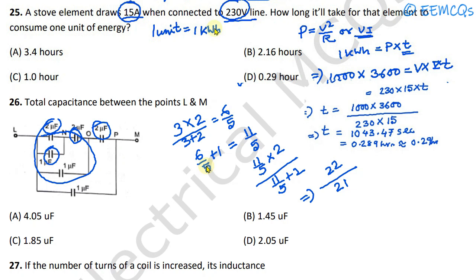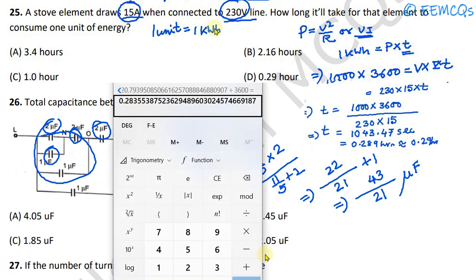Again, this will be in parallel with 1 microfarad. So add 1. What you will get? You will get 43 by 21 microfarad. So now what is 43 by 21? This is 2.047.